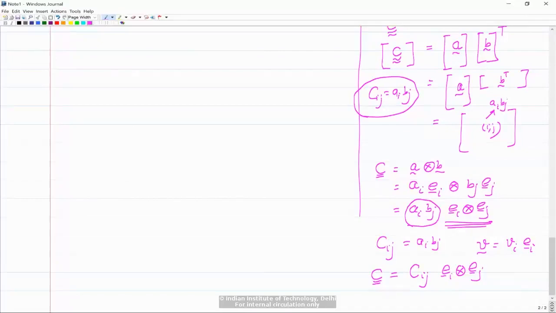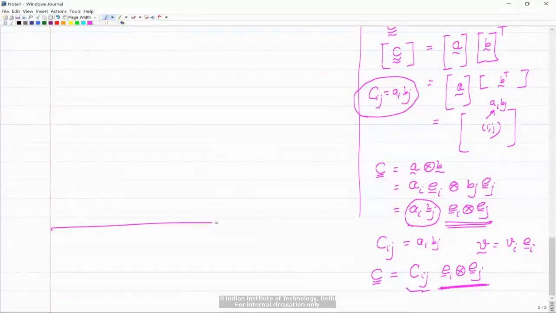So for the second order tensor, this thing is the basis, and Cij is the component of this tensor along the basis Ei tensor product Ej.